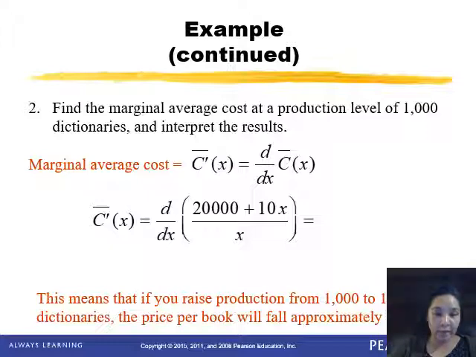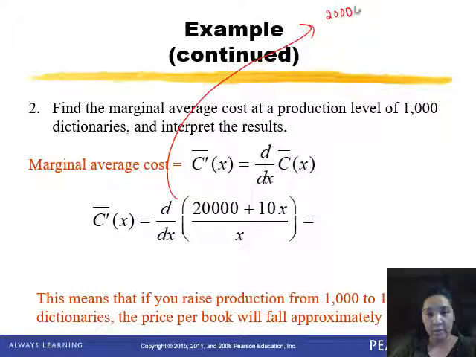Let's take a look at this function up here. We're going to split this up into two parts. So this is 20,000 divided by x plus 10x over x. Okay, and that simplifies out to 20,000 divided by x plus 10.